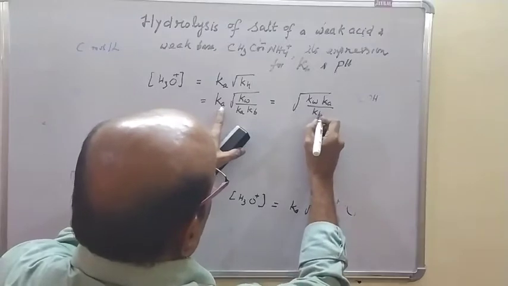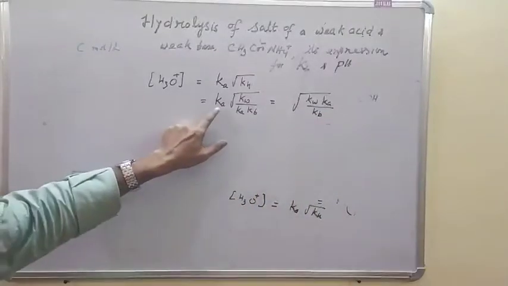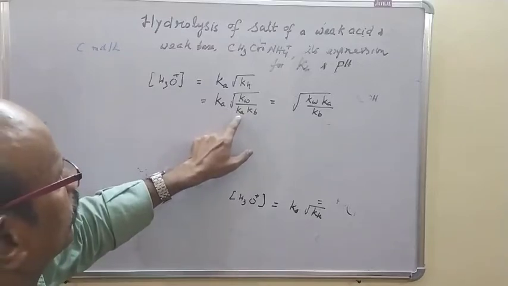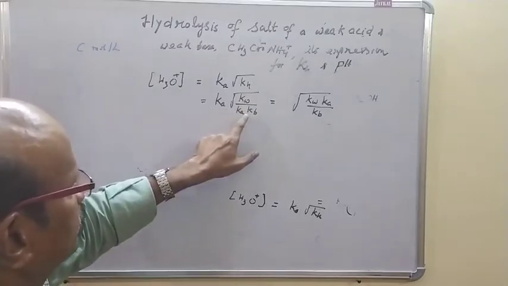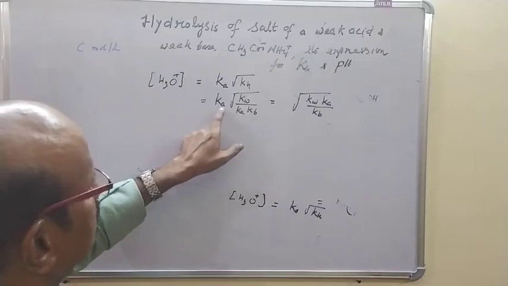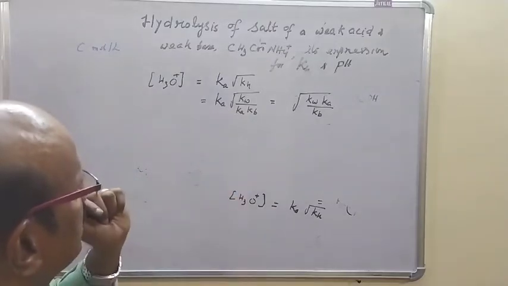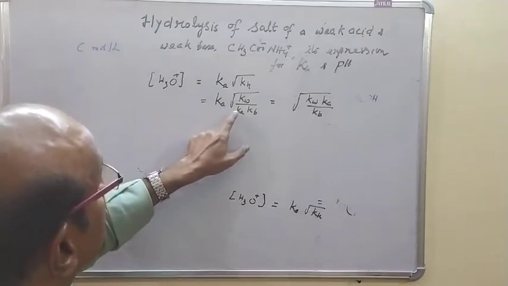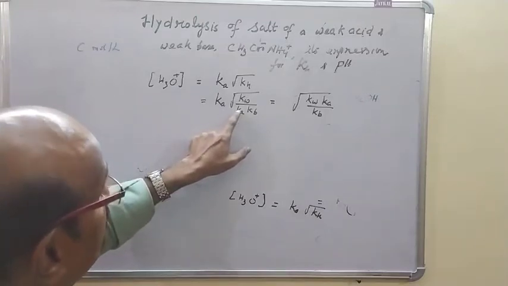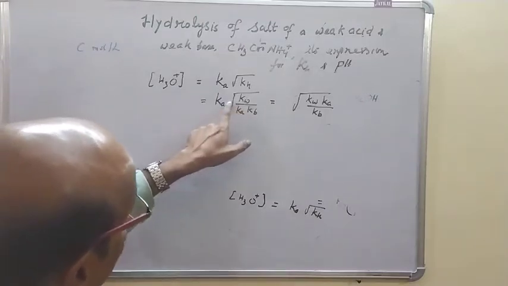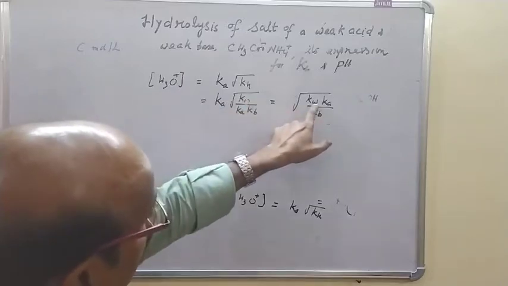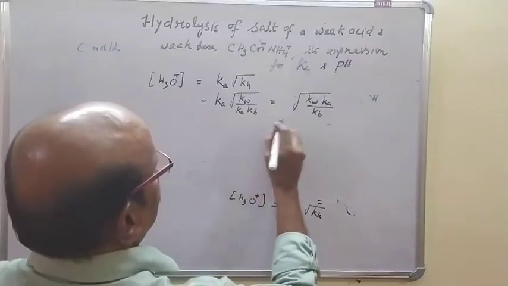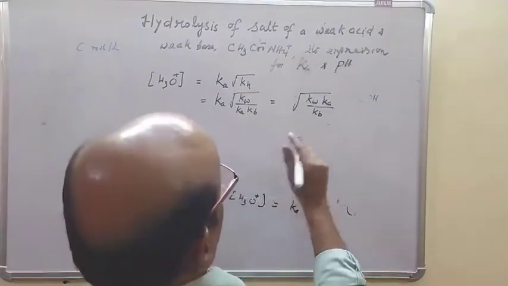Solving the numerical work, on carrying out Ka into square root of Ka divided by square root of Ka into square root of Ka, they get cancelled. So we have square root of Kw into square root of Ka by Kb. So we have the expression like this.